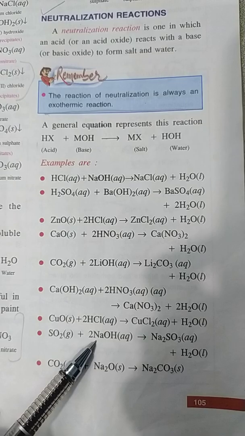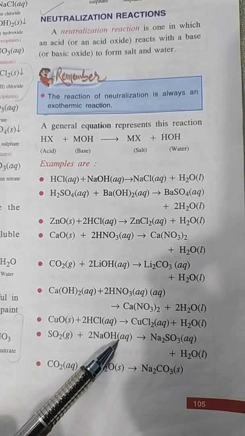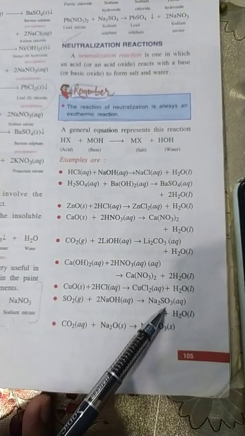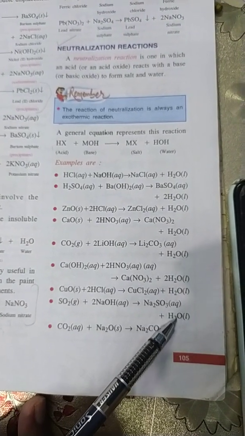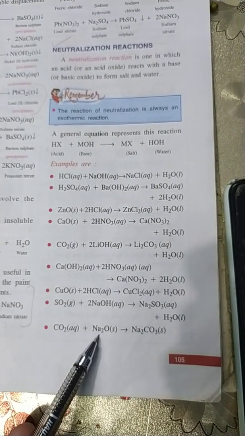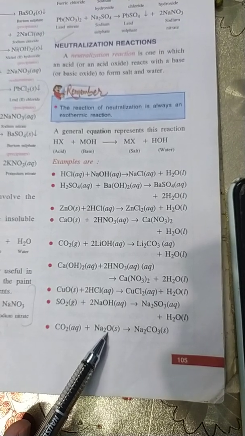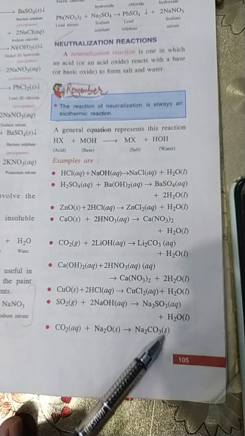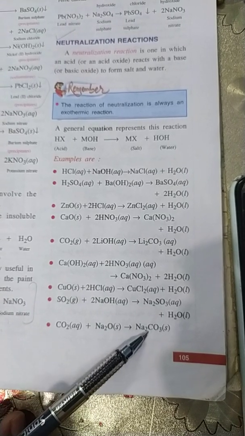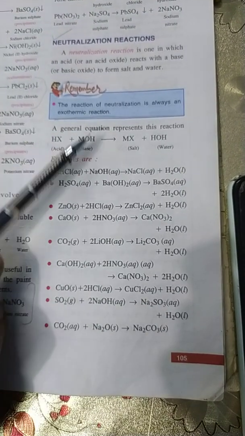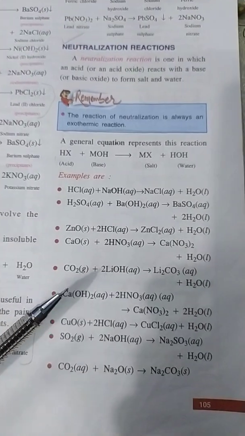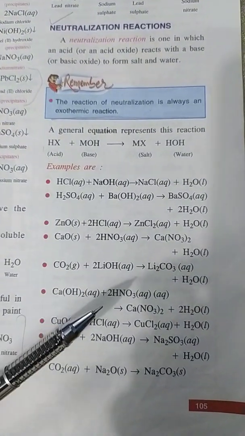Sulfur dioxide combines with sodium hydroxide here to give sodium sulfate and water. Likewise, carbon dioxide combines with sodium hydroxide here to give sodium carbonate. So we see here the whole set of neutralization reactions where acid and base neutralize each other to give salt and water.